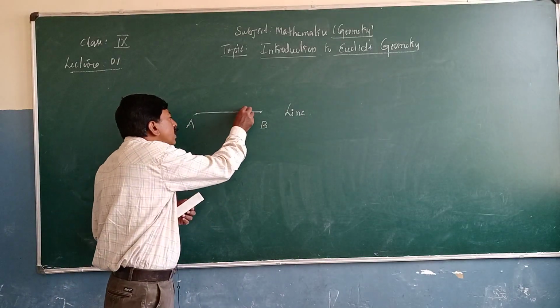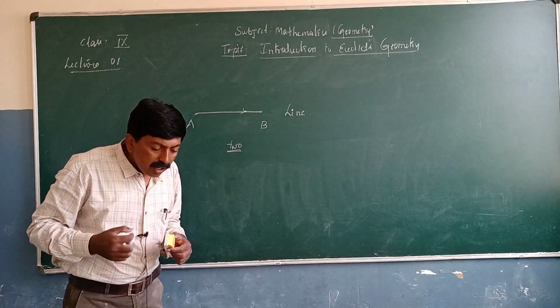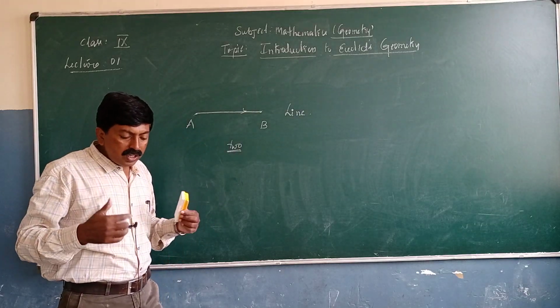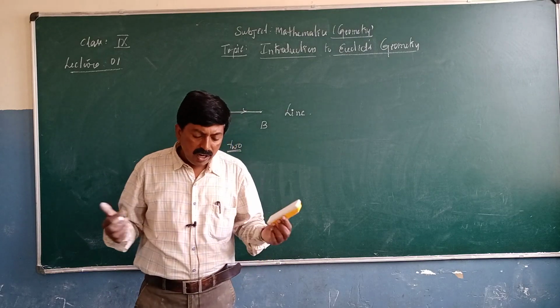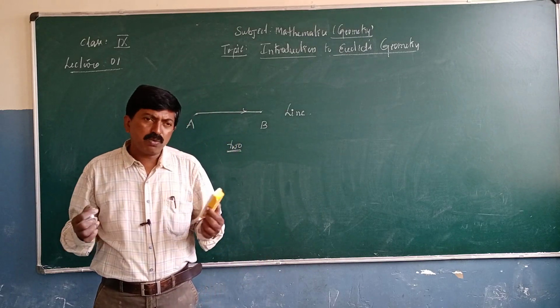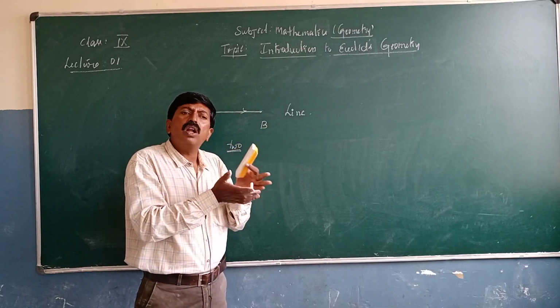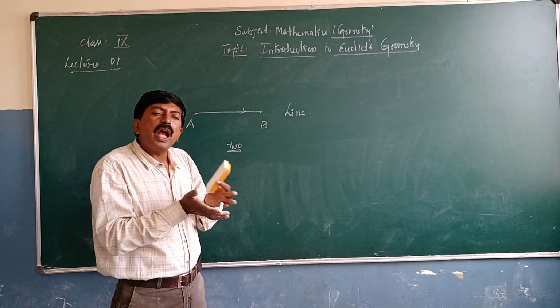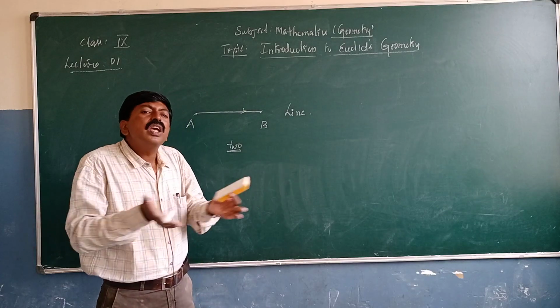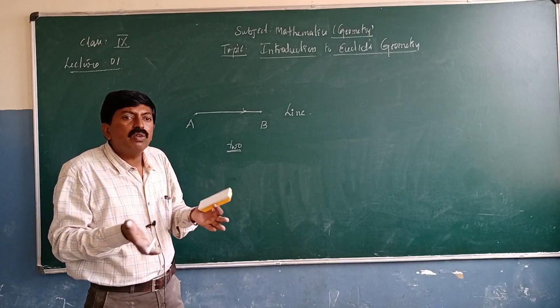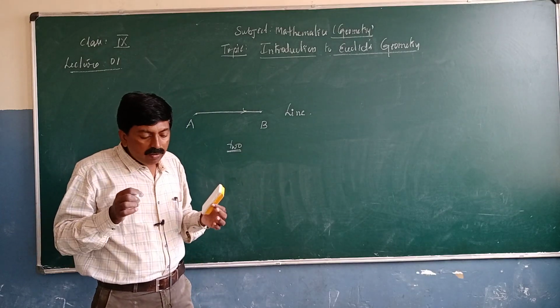Now that line may be a straight line or a curved line. So what is a straight line? Many collinear points joined, lying on the same plane as well as on the same straight line, you can call a line.